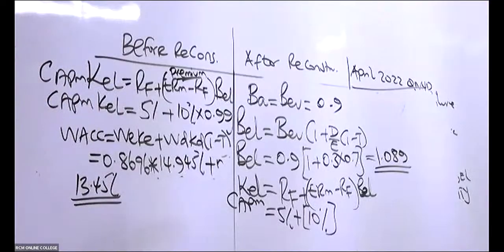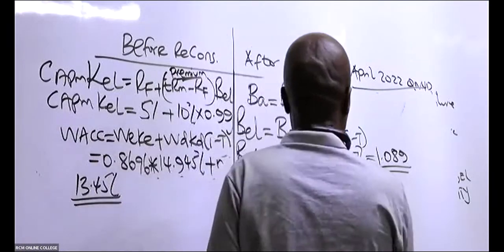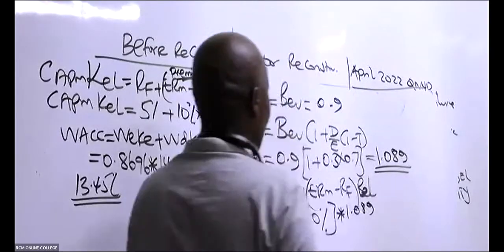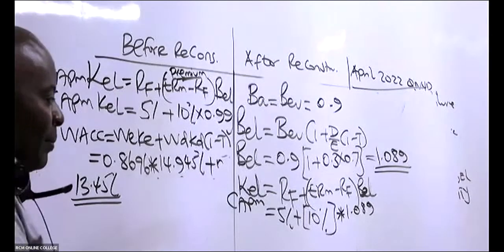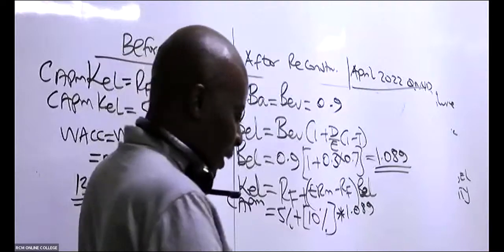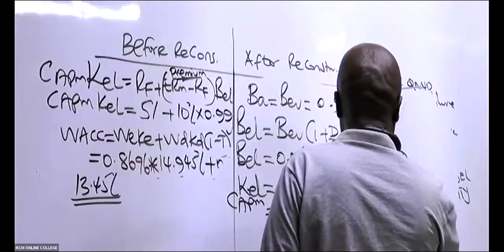Multiply these by what here, somebody? 1.089. So somebody is able to confidently tell me that our CAPM KEL is 15 point 89. So are we able to get this 15.89%?